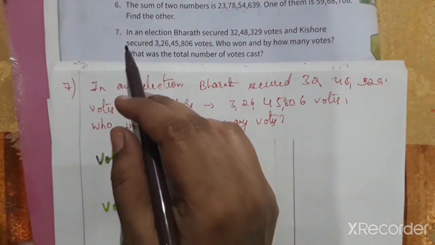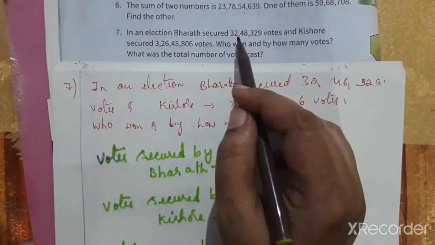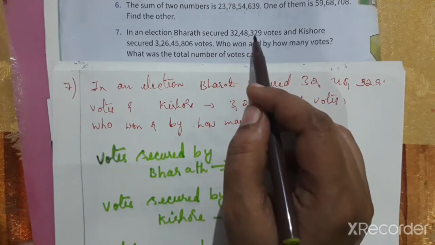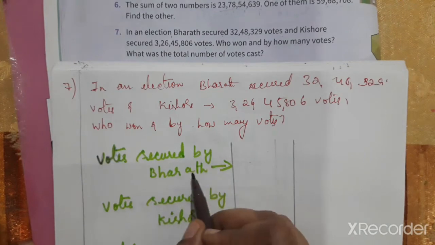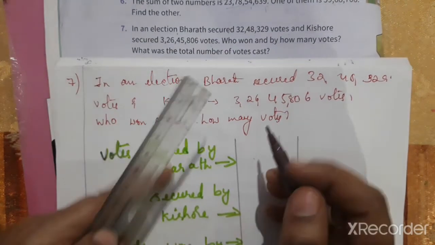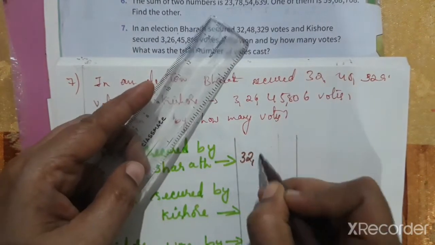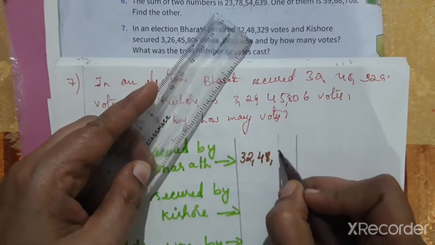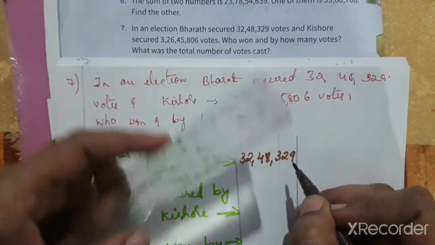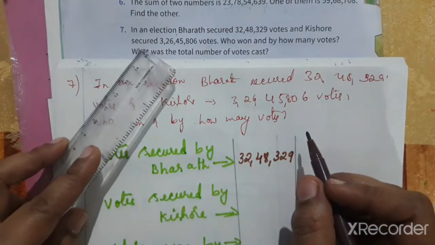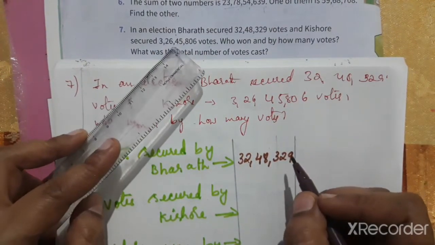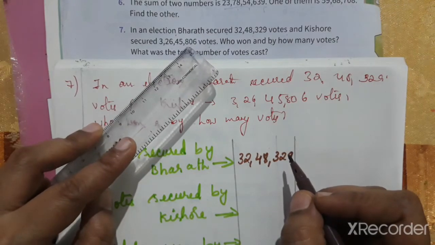So here the sentence: in an election Bharat secured 32,48,329 votes. So the sentence is votes secured by Bharat. Votes secured by Bharat is 32,48,329 and Kishore secured 3,26,45,806 votes.